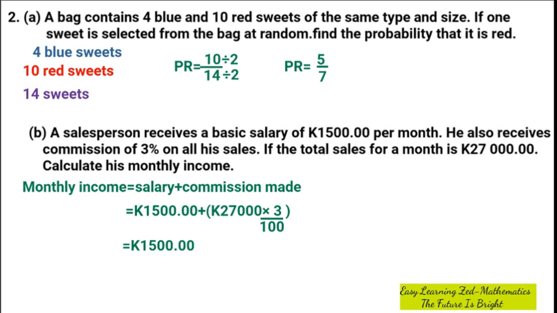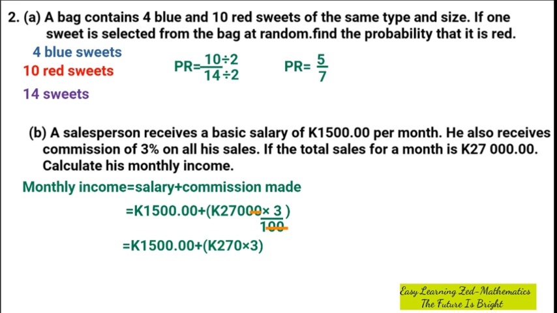So I'm going to get rid of 2 zeros in 100 as well as in 27,000. Okay, that means it has left us with 270 kwacha. So 270 kwacha will be multiplied by 3, so it's going to be plus 270 kwacha times 3.